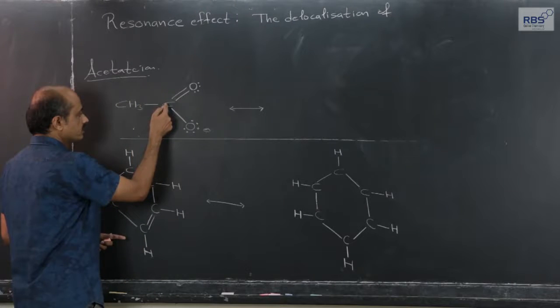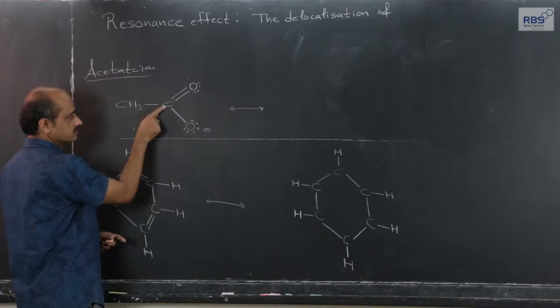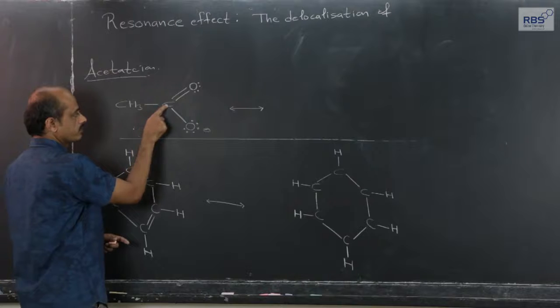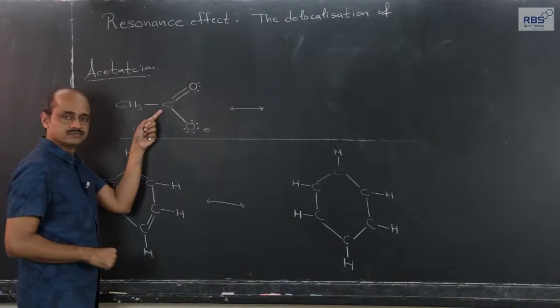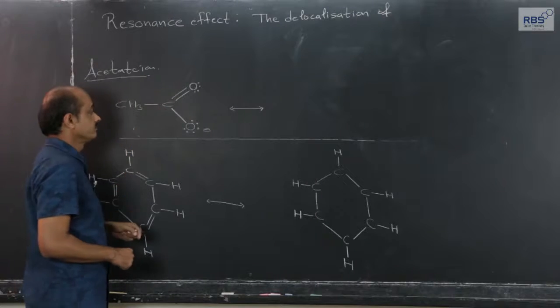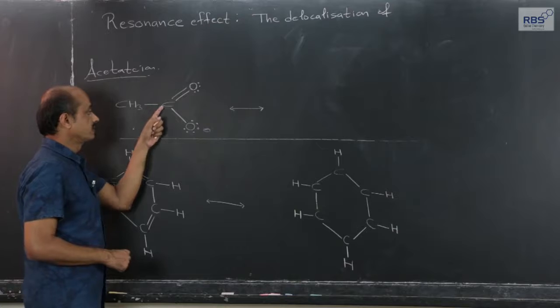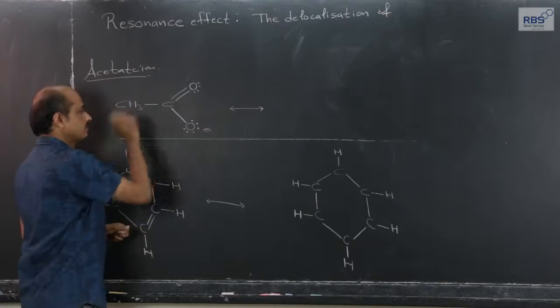Since carbon has formed one double bond with oxygen, it is quite clear from our earlier study that this carbon is sp2 hybridized. One p orbital of carbon and one p orbital of oxygen take part in pp parallel overlapping to form the pi bond.